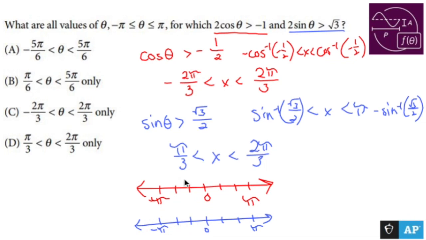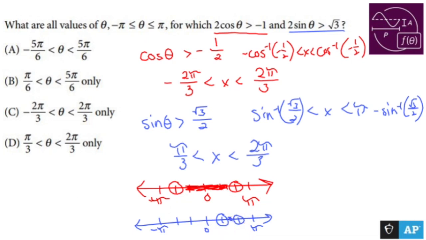All right. I care about stuff in between negative 2 pi over 3, so u, and positive 2 pi over 3, so u, shade in everything in between. Don't fill in the circles because it's not or equal to. For blue, however, I only care about stuff in between pi over 3 and 2 pi over 3, shade in everything in between.